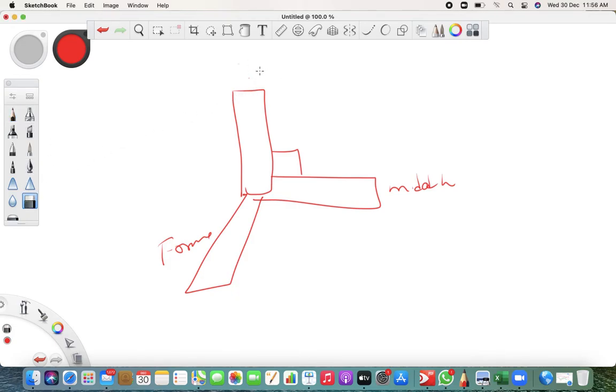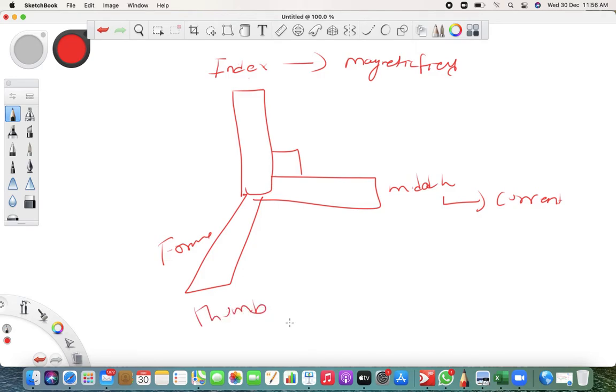This is your first finger, the index finger, which shows the direction of magnetic field. The middle finger gives the direction of current, and the thumb shows the direction of force. So what is the product we get here? The thumb is the final answer.